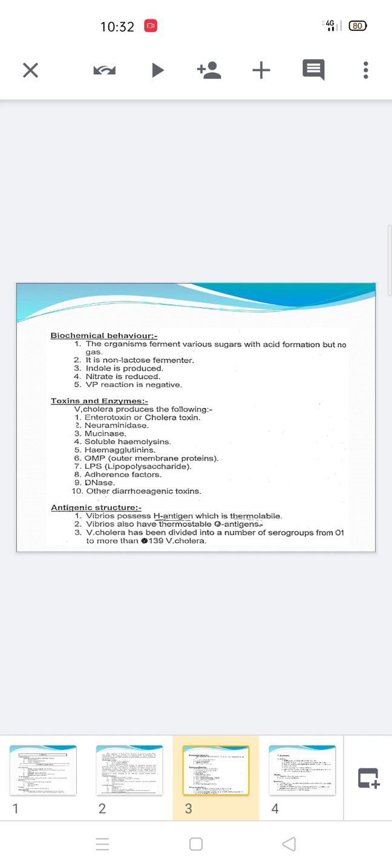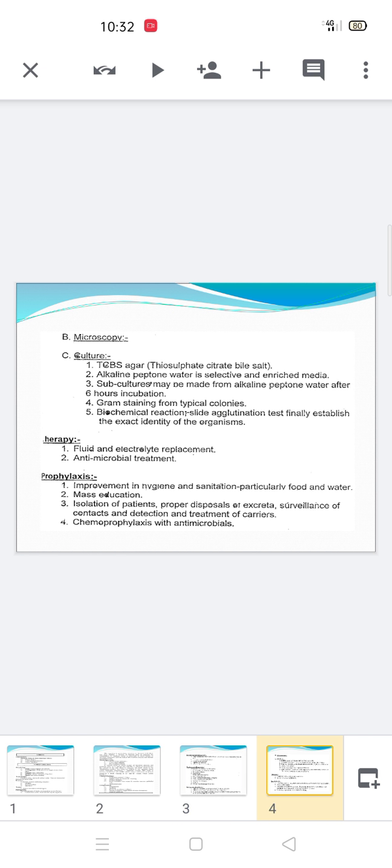In the lab diagnosis, we perform stool microscopy. In stool microscopy, we can easily see curve-shaped microorganisms abundant in the stool. Second is culturing.